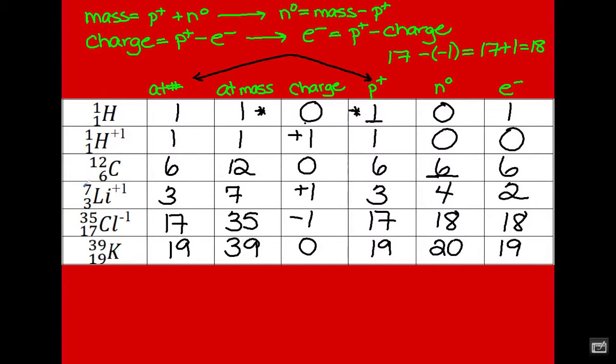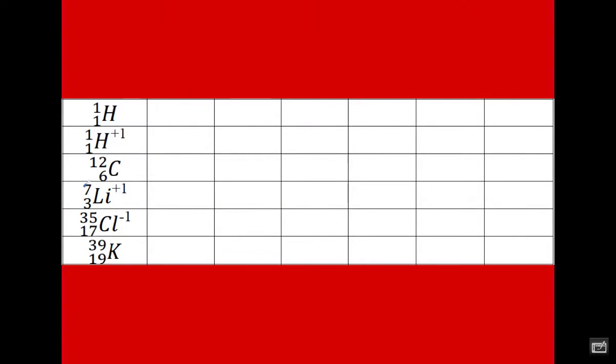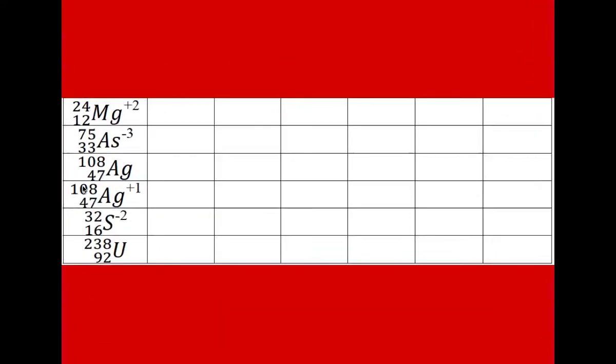What I would like for you to do is to pause the video at this point and try the second half of the worksheet on your own, and then you can come back and check your answers. What I'm going to be doing is actually writing up on the top here those formulas again. Okay, so neutrons equals mass minus protons, and electrons equals protons minus charge.